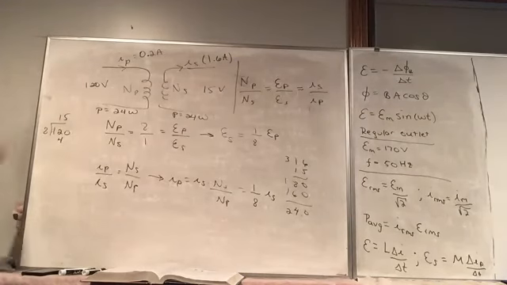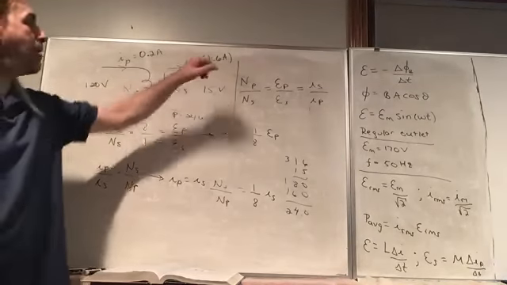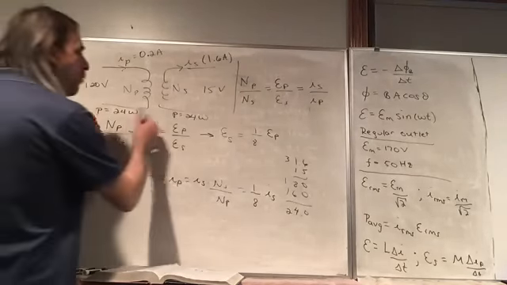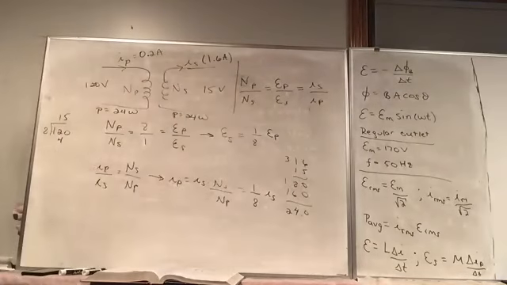Yeah, 120 times 0.2, that's 24 watts. 15 times 1.6 is also 24 watts. So in an ideal transformer, when nothing is lost, no energy is lost. The power of the primary and secondary coils are equal.